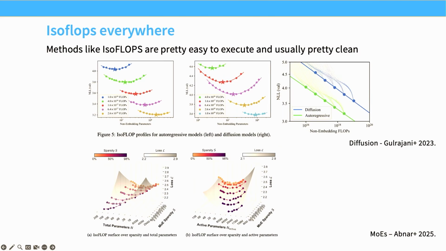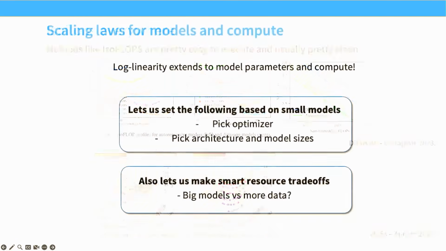And this gives you, in general, fairly reliable readings of how different parameters vary as a function of your free parameters. People have done this; one of my students did this for diffusion models. The MOE study I talked about was an isoflop style design. If you're ever in a situation where you're thinking, how am I going to decide all these trade-offs, isoflops is always a good default.